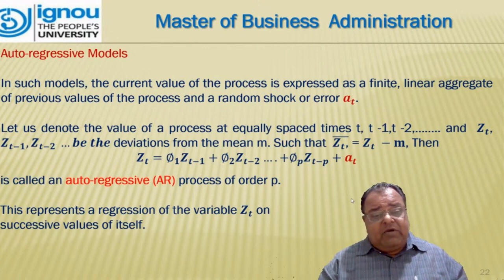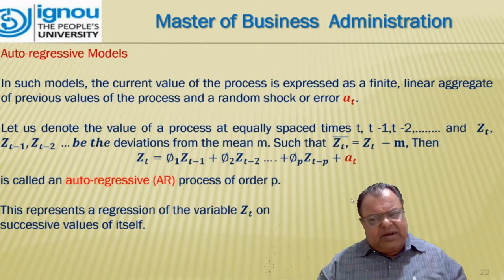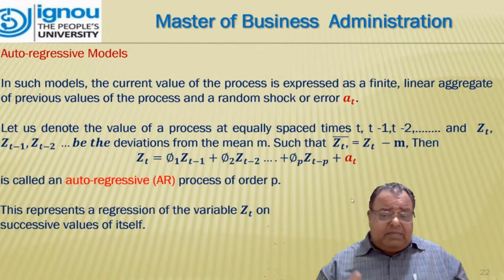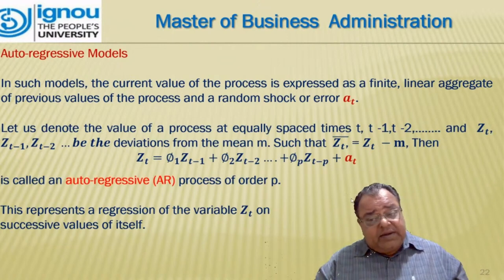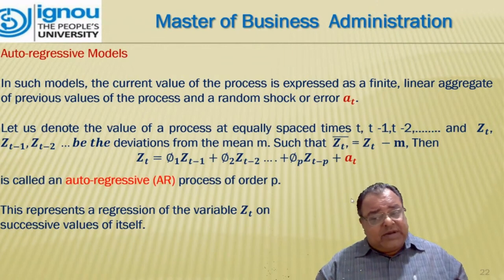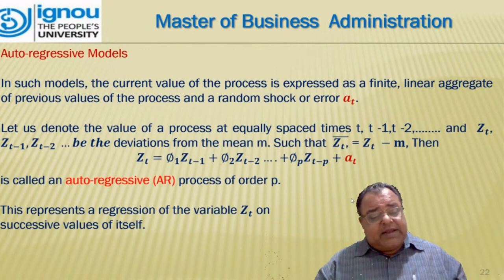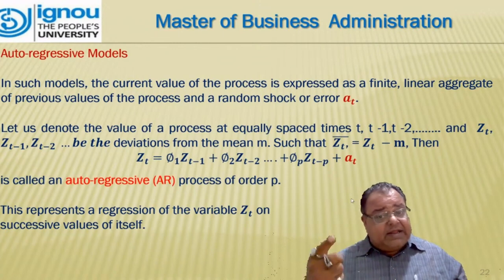Let us denote the values of the process at equally spaced times t, t minus 1, t minus 2, and so on, as zt, zt minus 1, zt minus 2, with deviations from the mean m, such that zt bar is equal to zt minus mean. Then zt will be equal to phi 1 zt minus 1 plus phi 2 zt minus 2 plus up to phi p zt minus p plus at. at is the error.